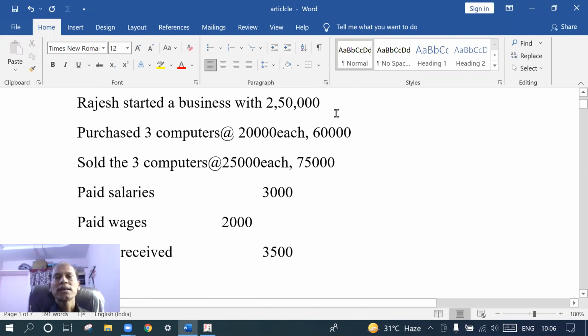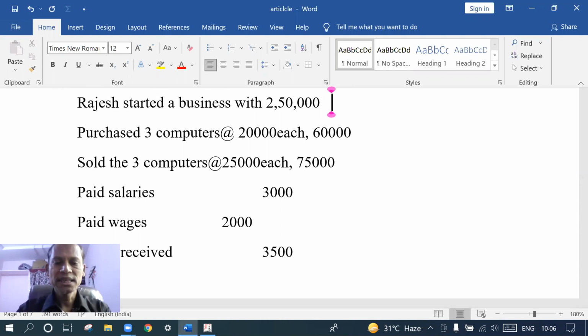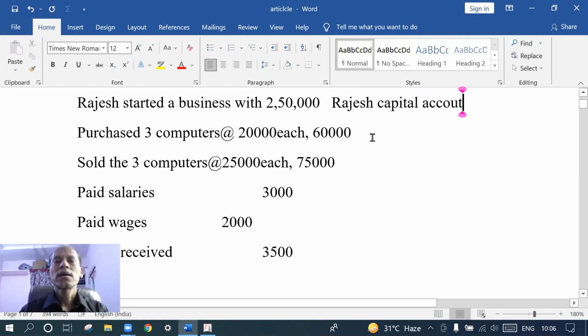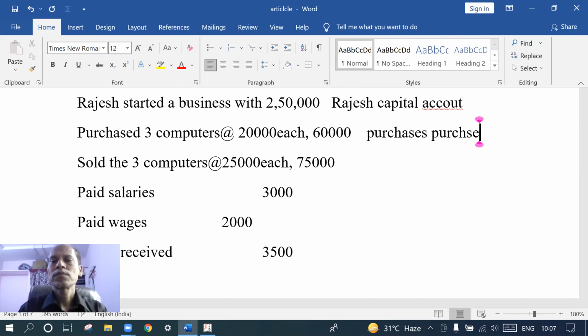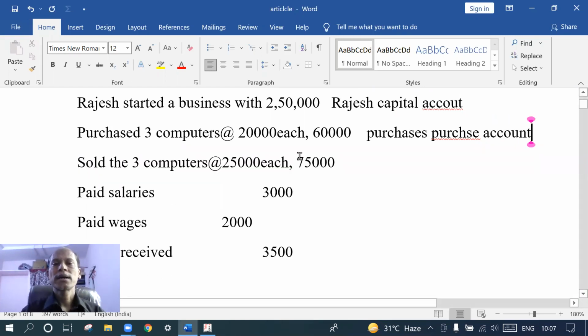In this transaction, Rajesh capital account. And purchases, purchase account.